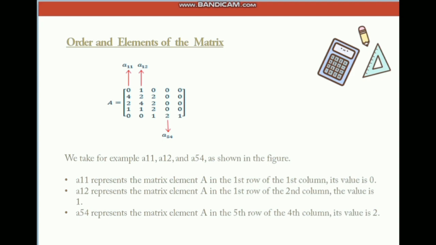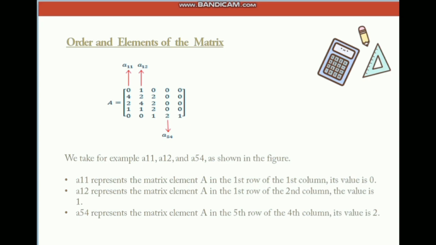The numbers contained in the matrix are called matrix elements. Matrix elements also have notation, you know. If the matrix is notated with capital letters, the matrix elements are notated in lowercase letters and given an index setting the location of the row and column.